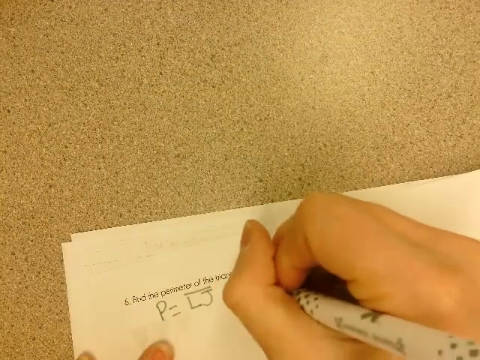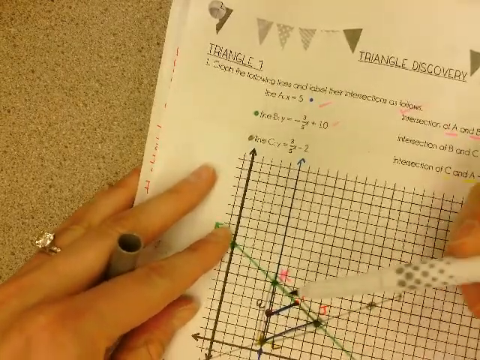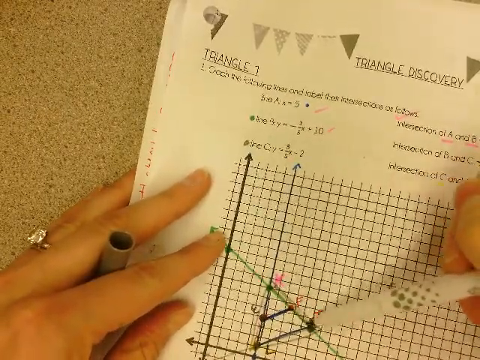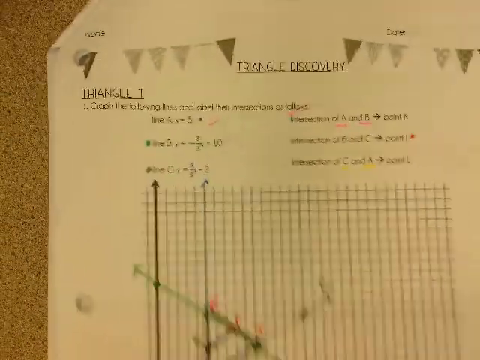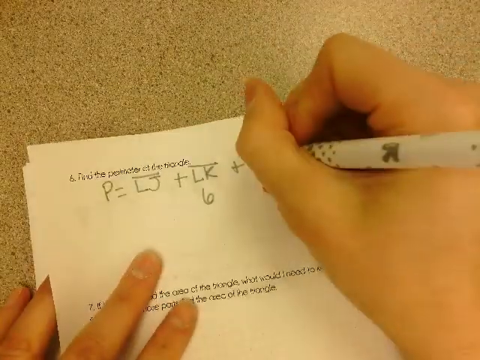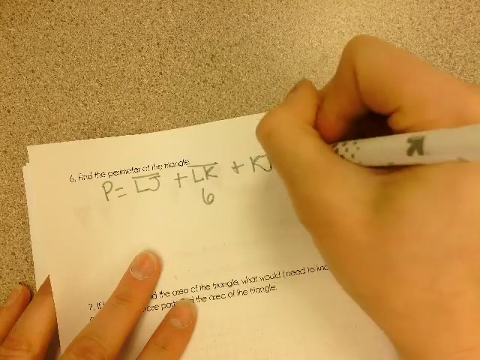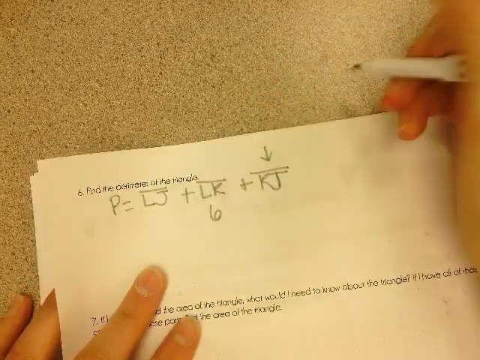So LK is 6, plus the length of KJ, which you have not found. So you'll have to do the distance formula between K and J one more time.